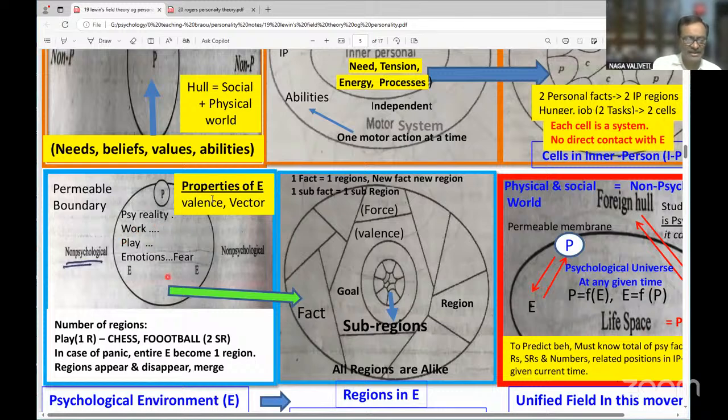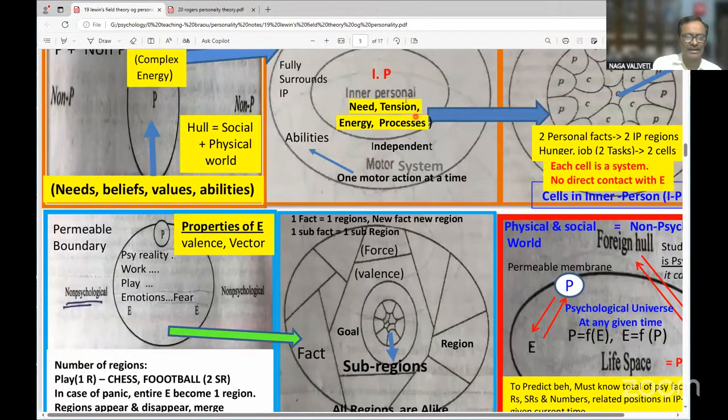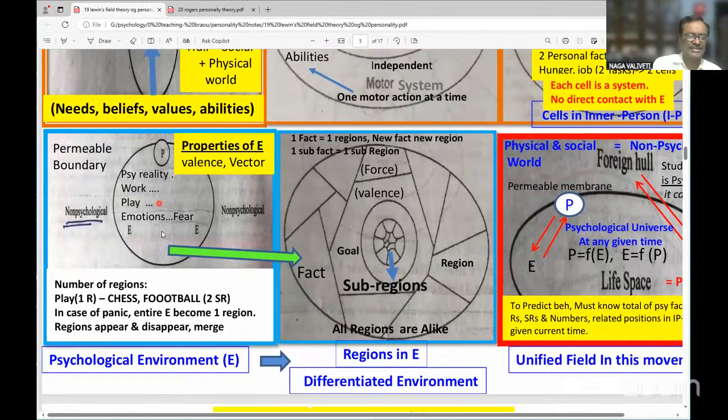Whatever this inner P perceives, it creates certain regions in order to accomplish them. One work is there, one plea is there, one emotion, fear, is there. Only one could be there.